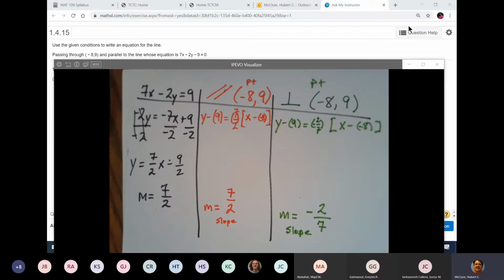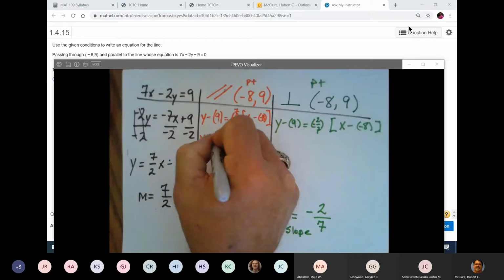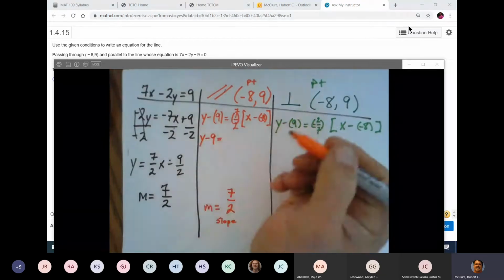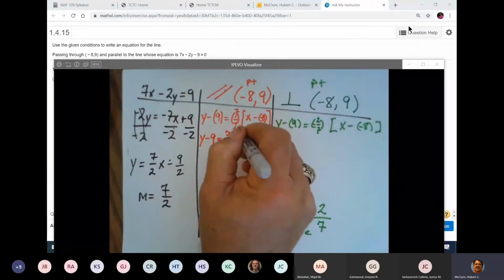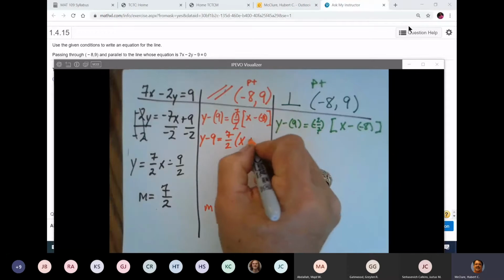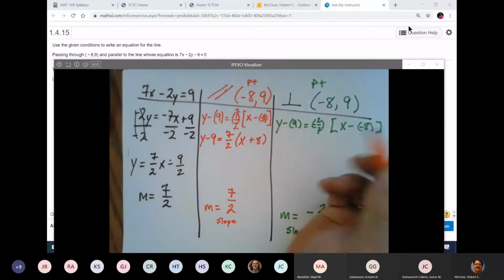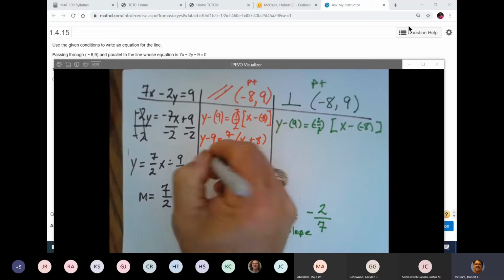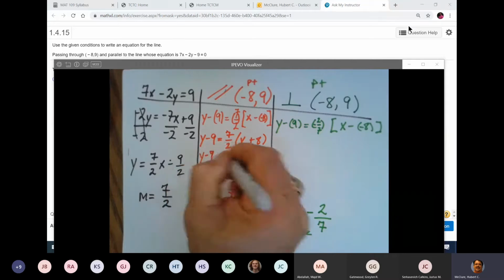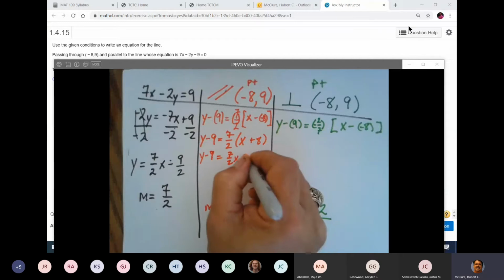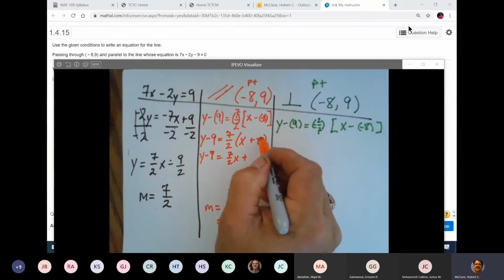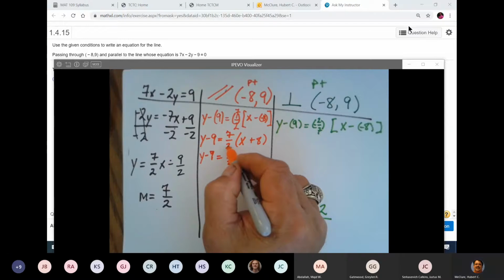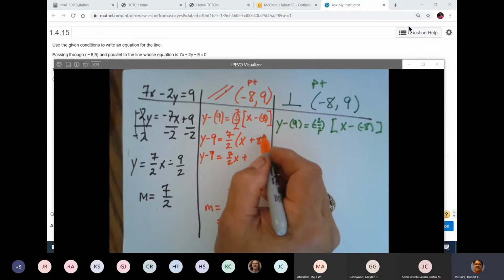Okay, so that's going to be y minus 9 is equal to 7/2 times x plus 8. y minus 9 is equal to 7/2 x plus, well, that 8 will cancel with that 2, and that'll be a 4, right?